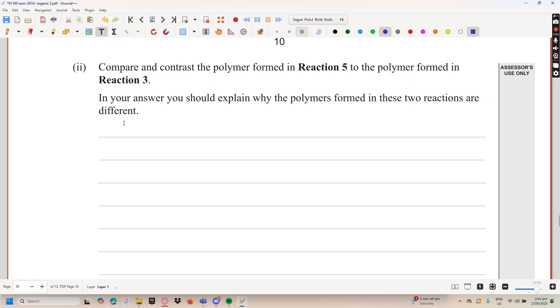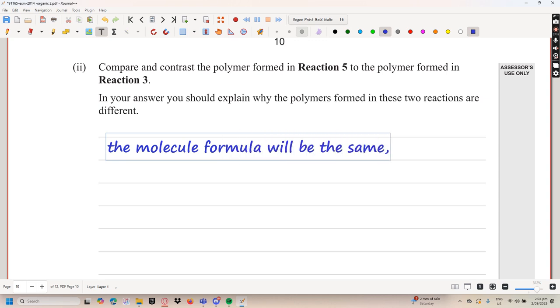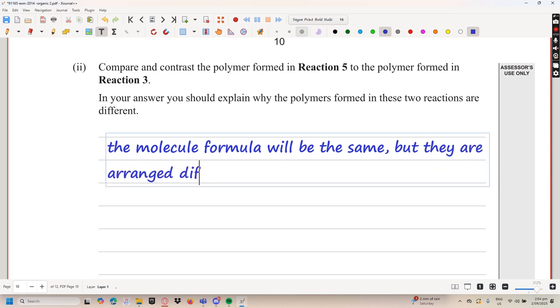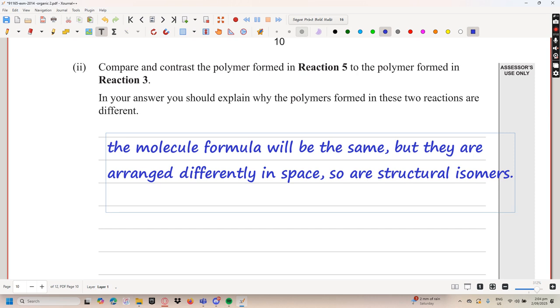So you could put this, I guess, as: the molecular formula would be the same, but they are arranged differently in space. So they are structural isomers.